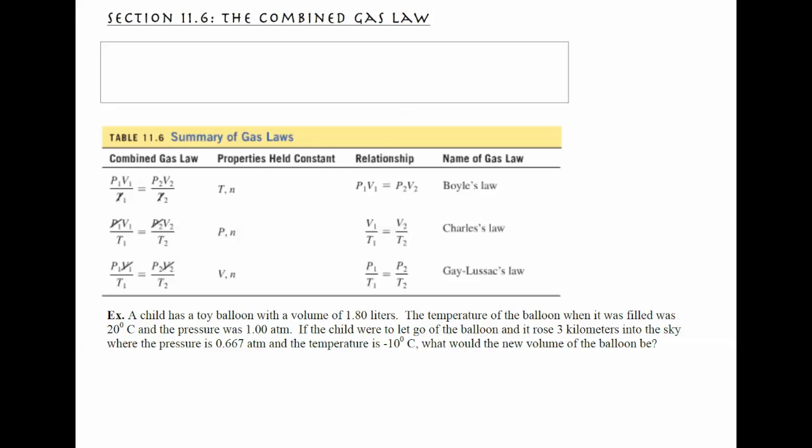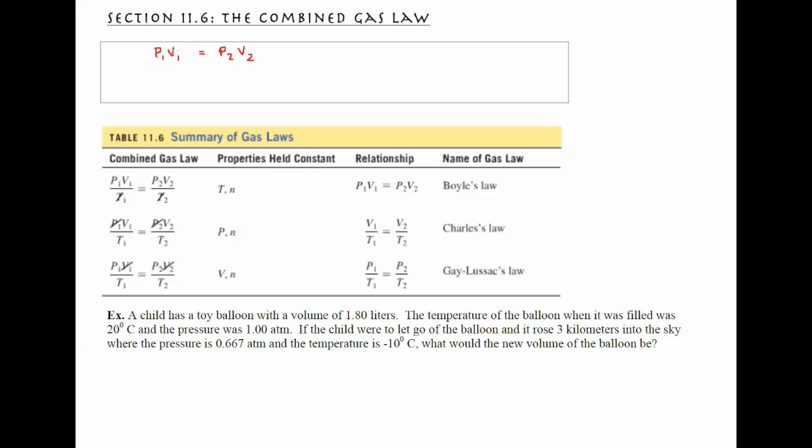Now, if you remember from Boyle's law, we had said that your initial pressure times your initial volume equals your new pressure, P2, times your new volume. All right. Now, if I need to incorporate temperature, think about Charles' law.